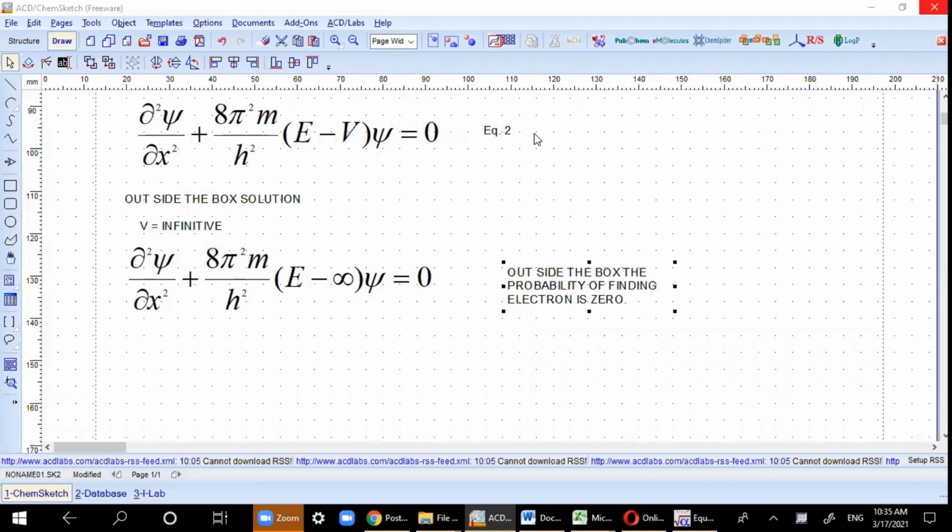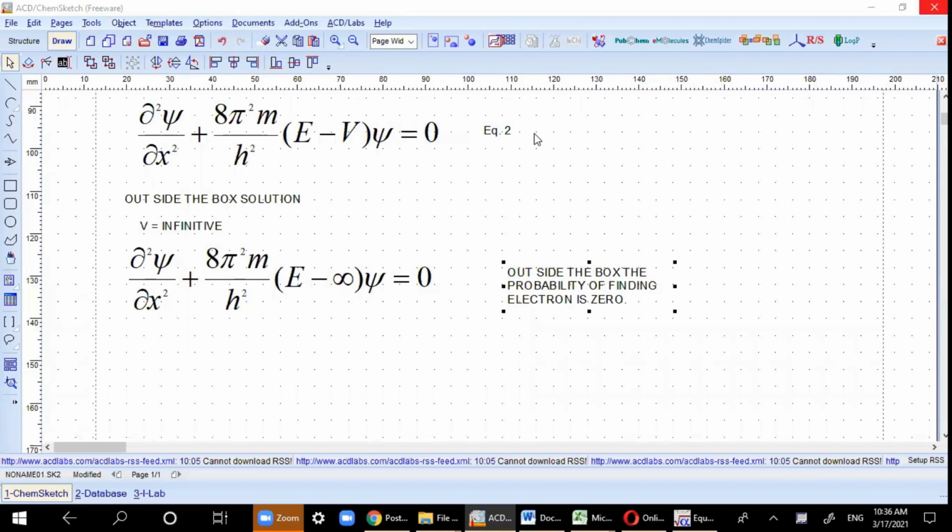Quantum theory or quantum chemistry is a probabilistic chemistry. I told you already, that means within an s orbital, where will your electron be? You are telling only the probability of finding the electron. That means it may be present in the s orbital, and you cannot define the exact position of the electron inside the orbital.